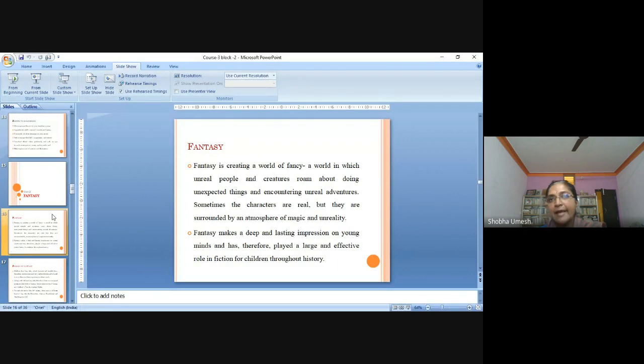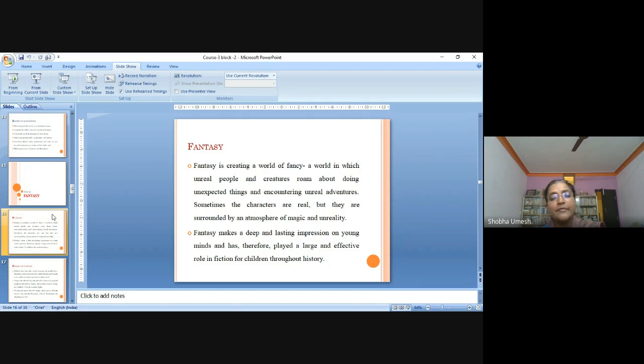Even we have heard fantasy stories about demons or Cinderella, or some magical things happening to a person, where they encounter a demon in a forest, or some are invisible, some are visible.